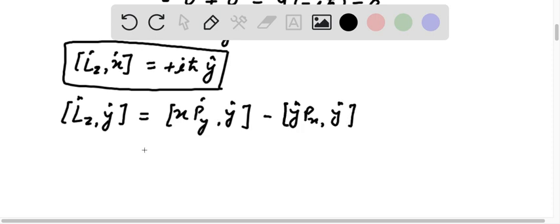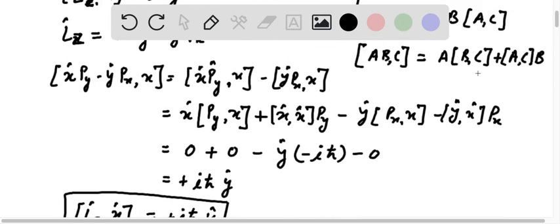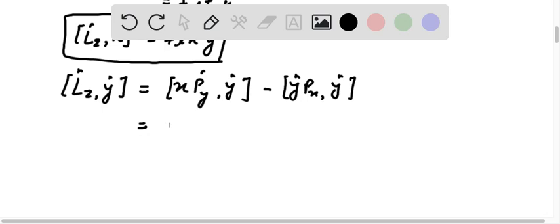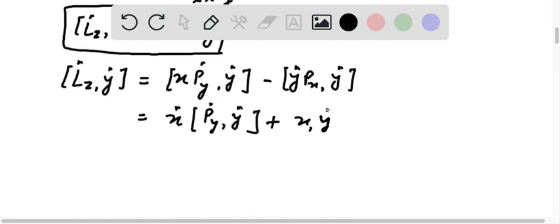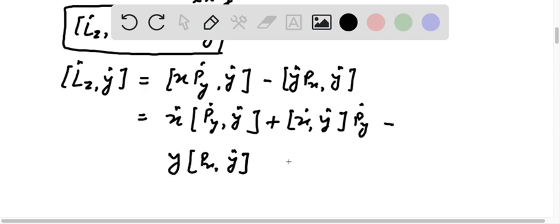Again we have to use that property, that is x [py, y] plus [x, y] py, minus y [px, y] plus [y, y] px.